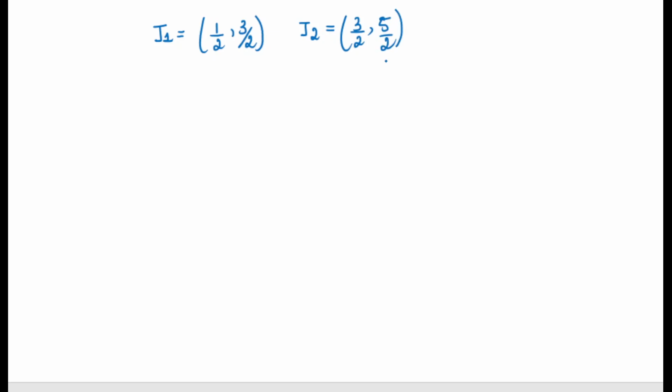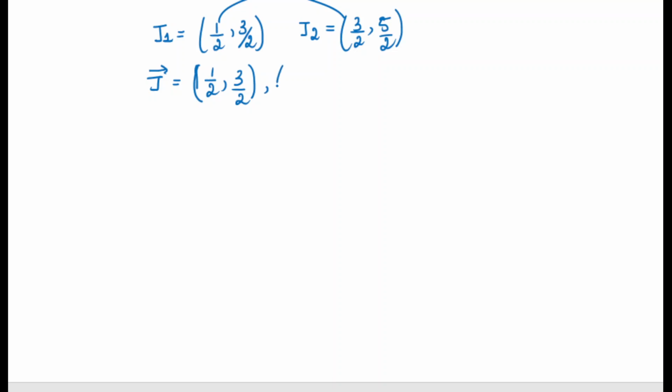Now we must find the J values for the combination. The J vector values will run from J1 minus J2 to J1 plus J2. We will get four combinations. If I combine, the first is half and 3 by 2.